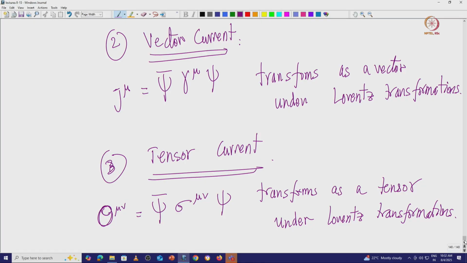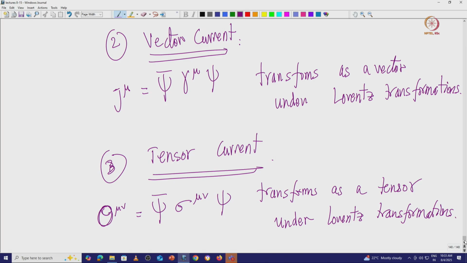And then you have psi bar gamma mu psi. If you couple it with A mu, it becomes Lorentz invariant again. This is nothing but your quantum electrodynamics, an electromagnetic theory with an electron and a photon.